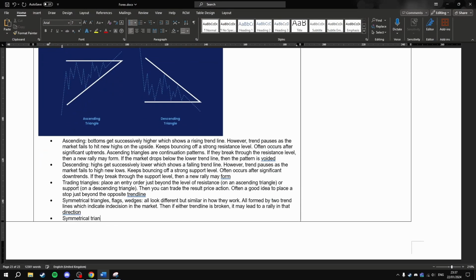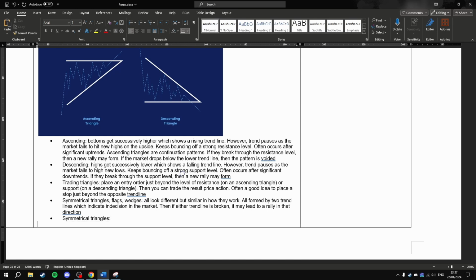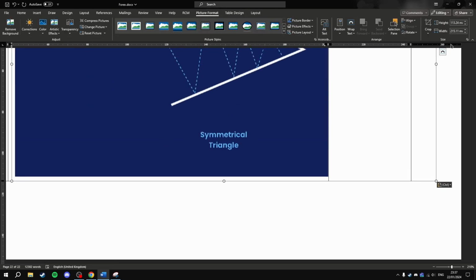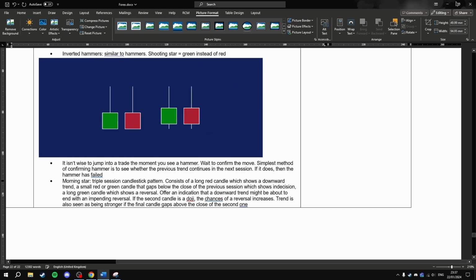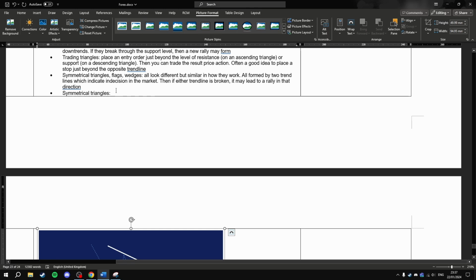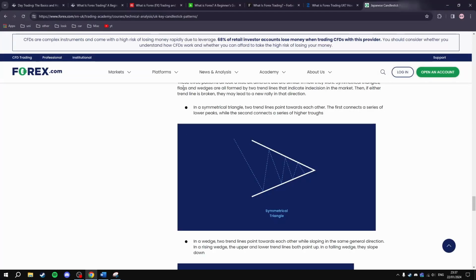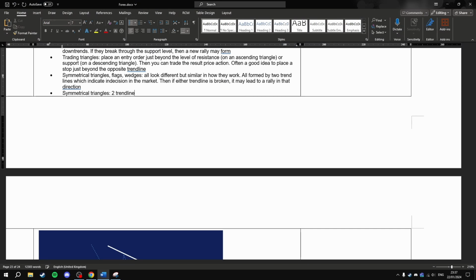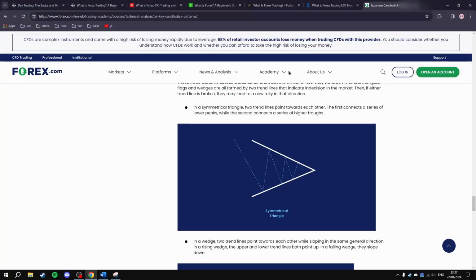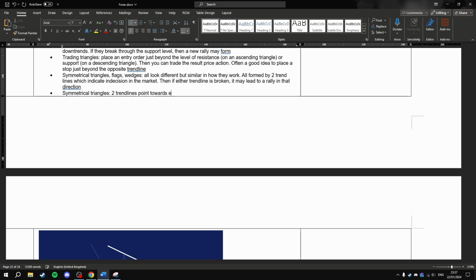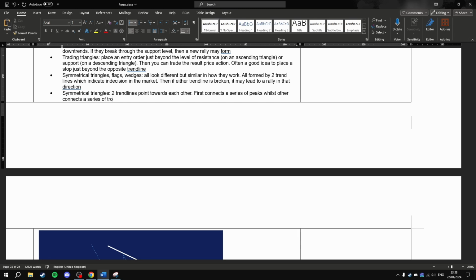So in a symmetrical triangle, one line connects a series of peaks whilst the other connects a series of troughs.